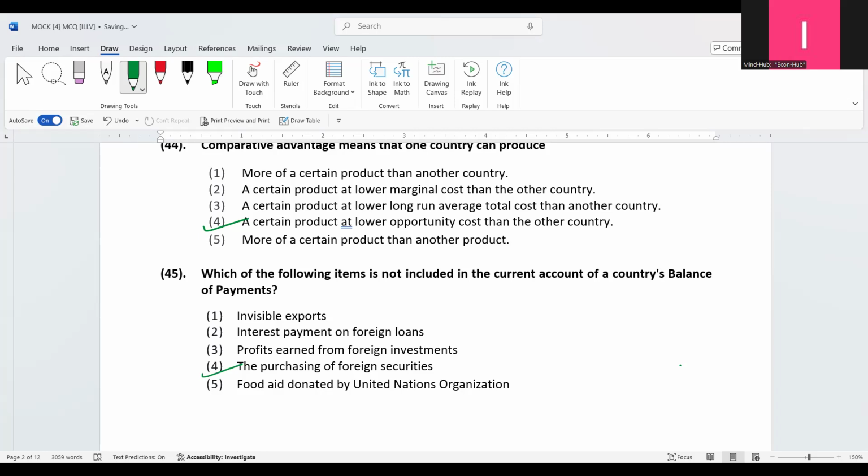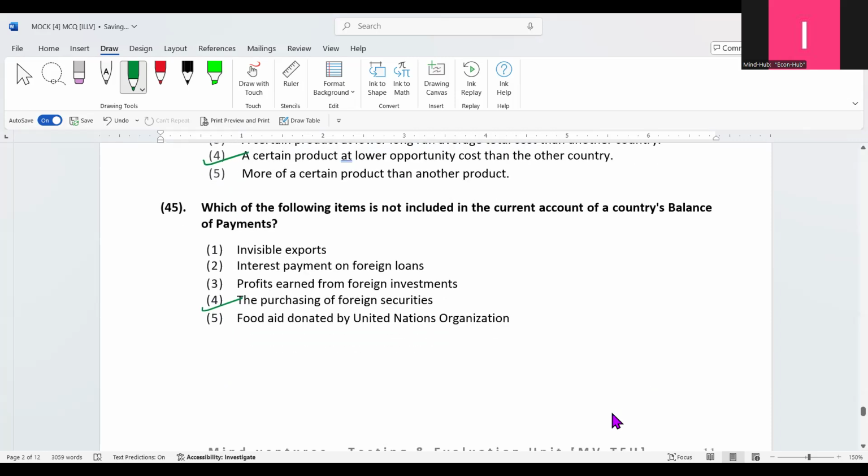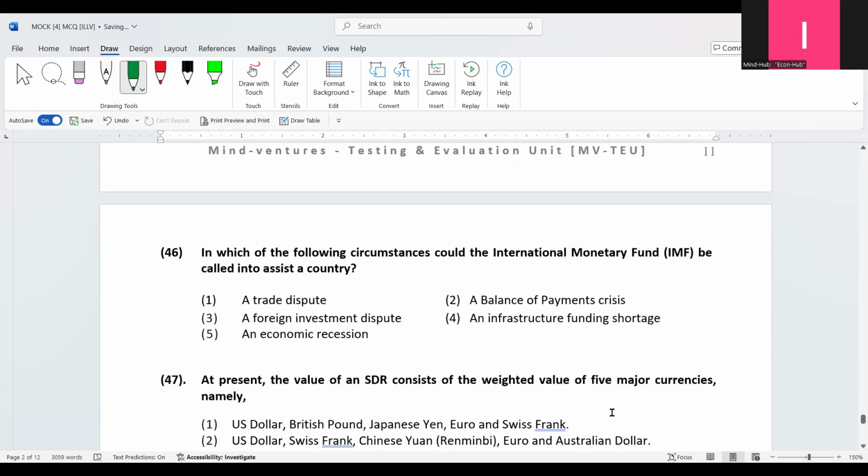It goes into the portfolio investment of the financial account. If we get an income from this investment we did in foreign securities, another country's treasury bills, treasury bonds, or government securities, interest income is in the current account under the primary income account, but the investment itself is not in the current account. Answer number 4. Hopefully you guys are clear. 46.